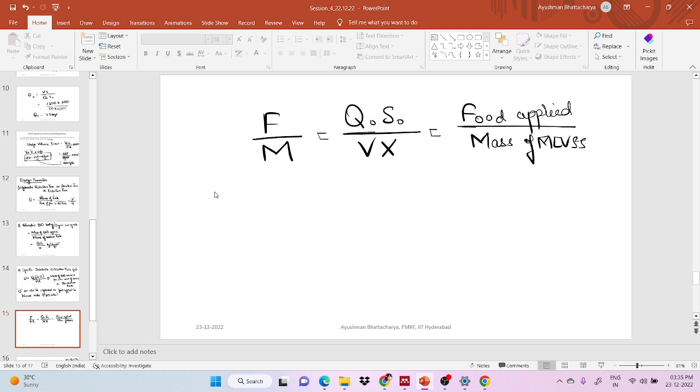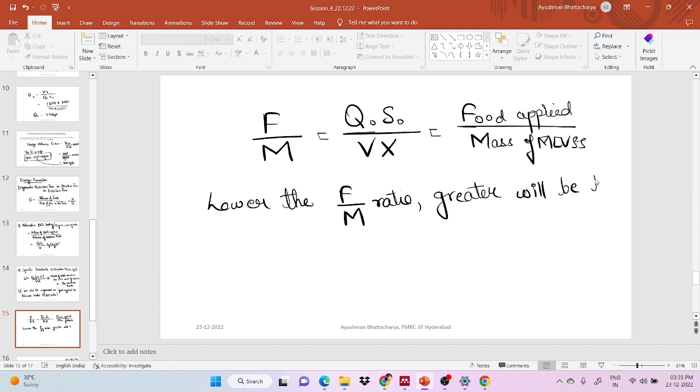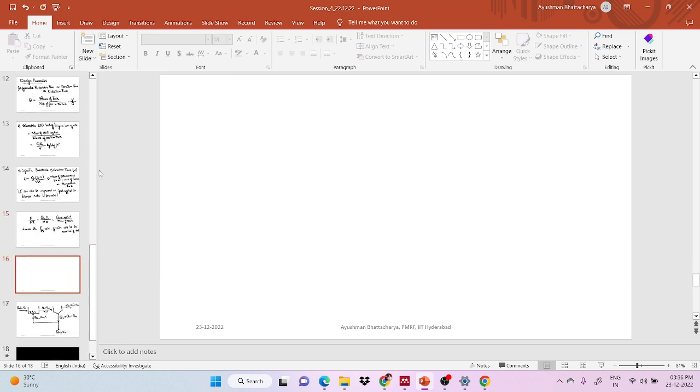So the lower the F by M ratio, the greater will be the removal of BOD.